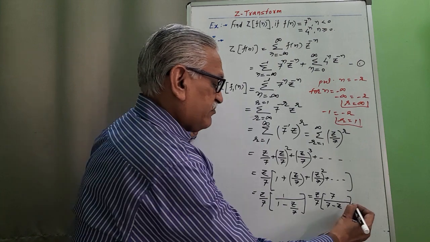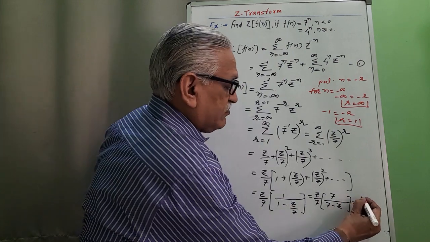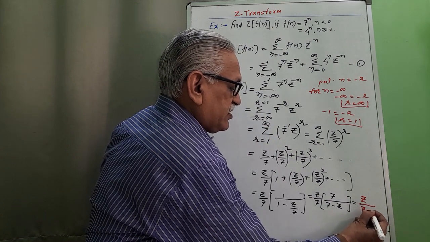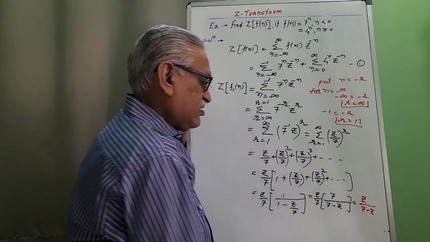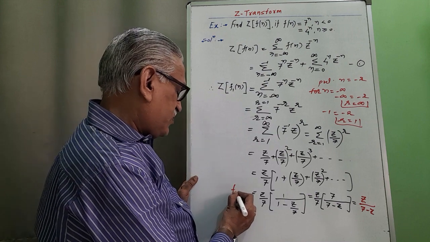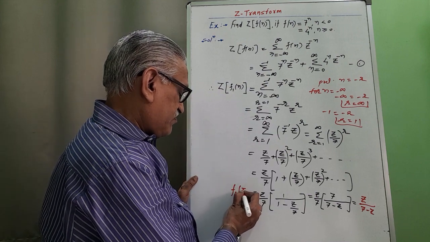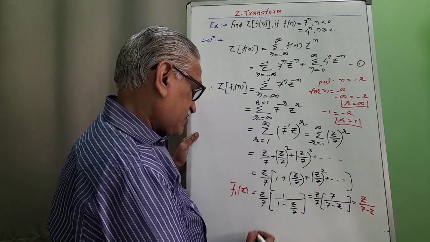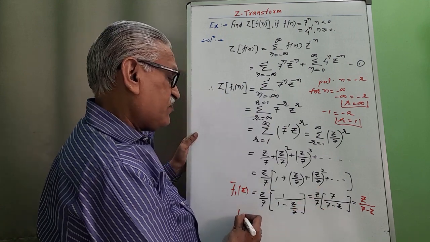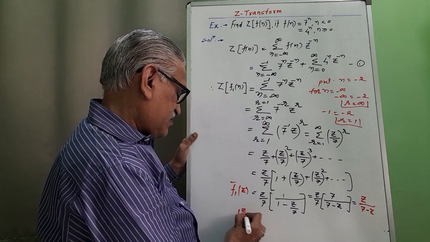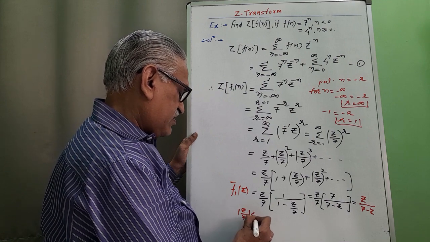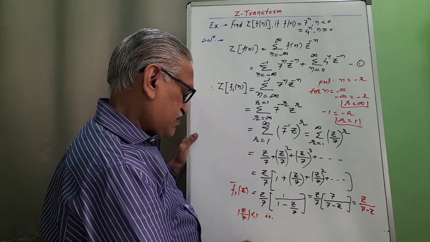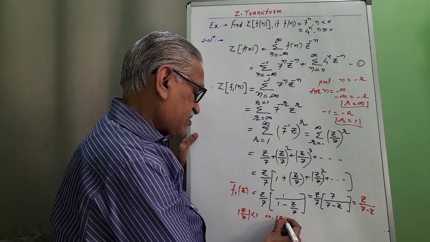We get 7 minus z as the first Z transform, and the condition here is mod of z by 7 less than 1. That is nothing but mod z less than 7.